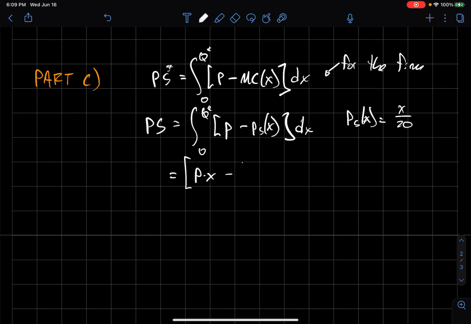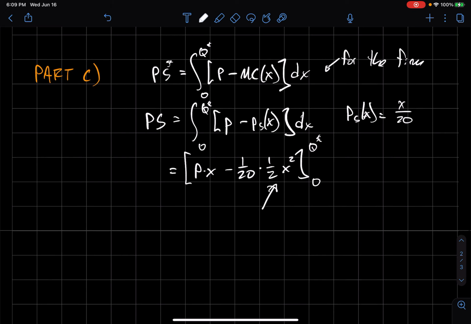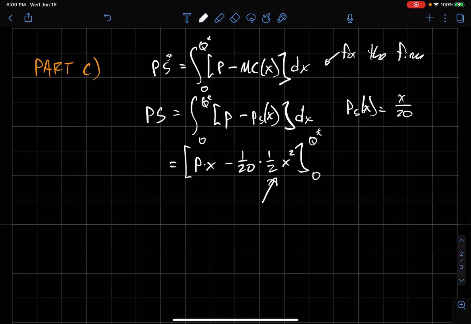So we have 1/20 out front. Then we have 1/2 x squared. And this is from 0 to q star. And we can just verify this is the correct integral, because when we take the derivative of this whole thing, we get back what we put in. Okay.